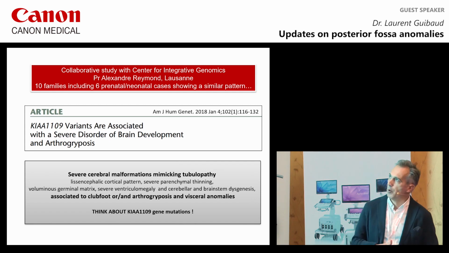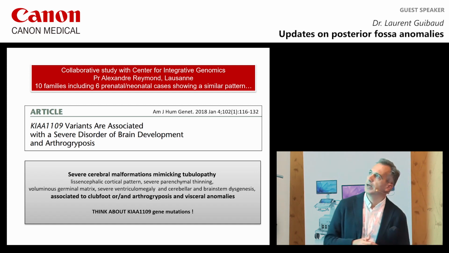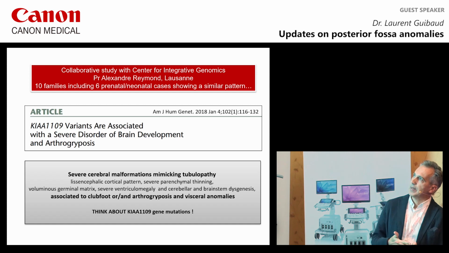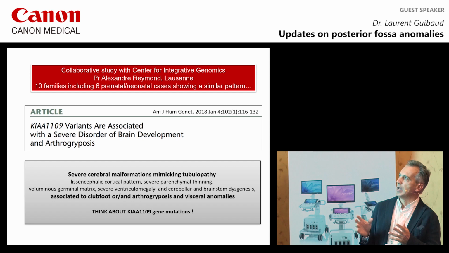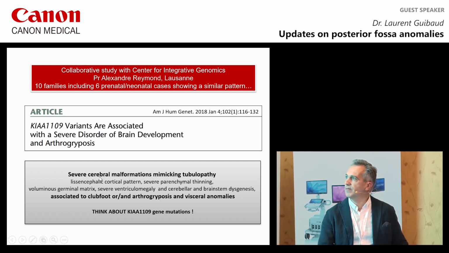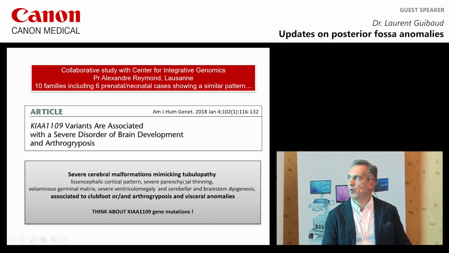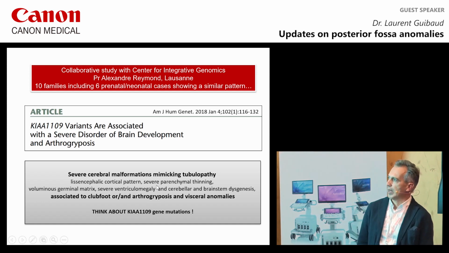We recently published a collaborative study with Alexandre Reymond from Lausanne, including 10 families, and we have 6 prenatal or neonatal cases showing exactly the same pattern, which includes severe cerebral malformation, mimicking the most severe cases of tubulinopathy, with a lissencephalic cortical pattern, severe parenchymal thinning, voluminous germinal matrix, severe ventriculomegaly, and cerebellar and brainstem dysgenesis.